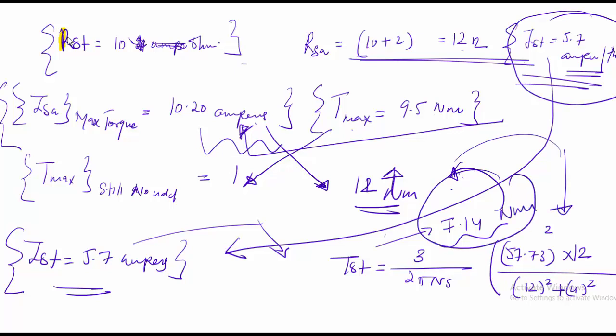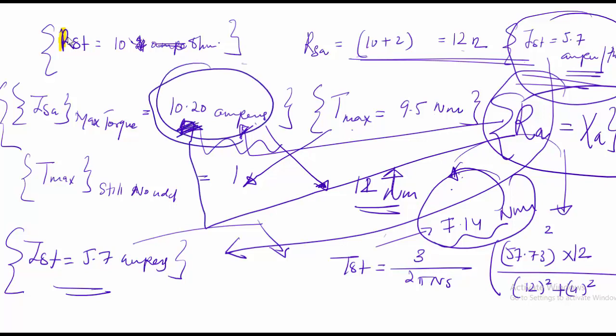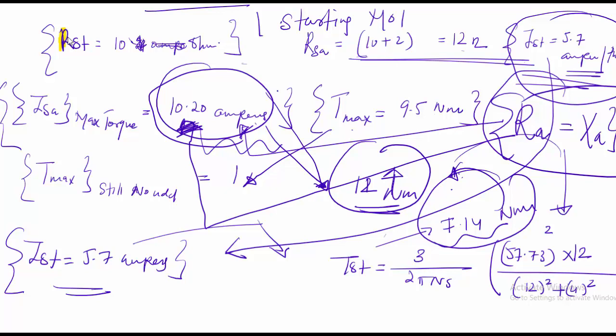So it is seen that the optimum is obtained when your RA is equal to XA. That was the case when you got 10.2 amperes current and a torque close to 12 Newton meter. And to not get confused, this is a case when you are starting the motor, and this is a case when my motor is a slip ring induction motor.